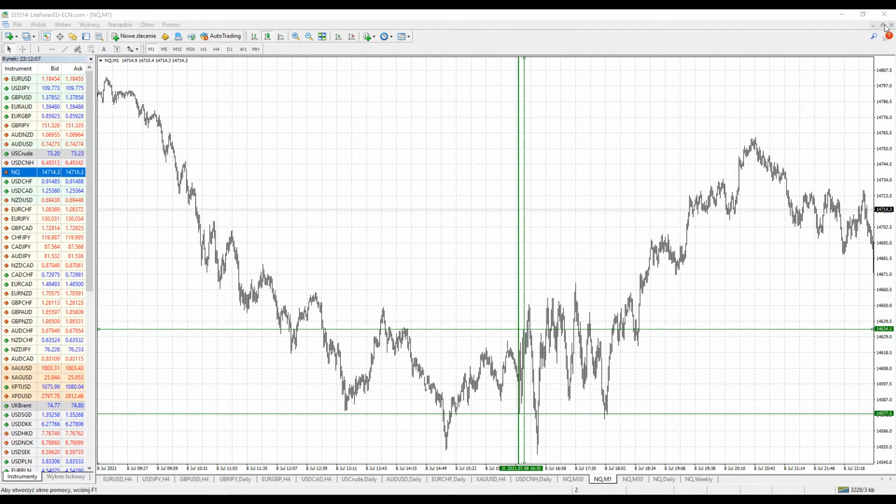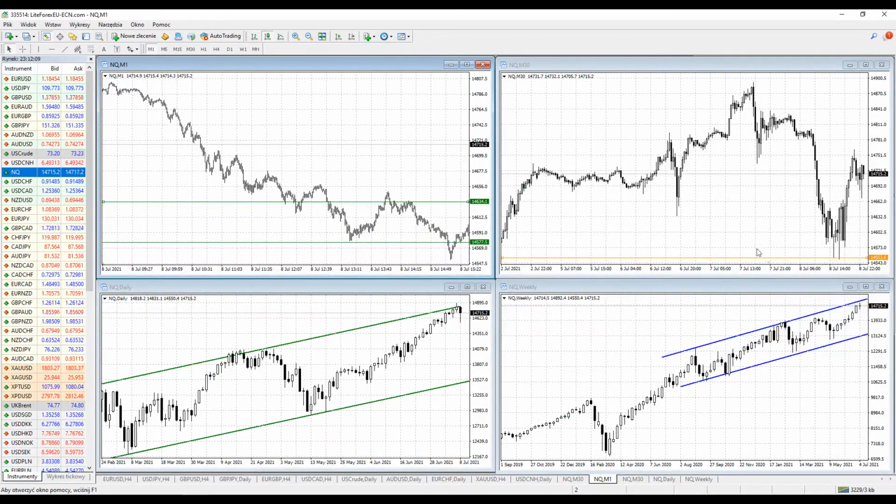Now, the second strategy is based on the higher time frame charts with the trend lines and horizontal lines, where I'm looking for the execution again on the 1-minute chart, right?